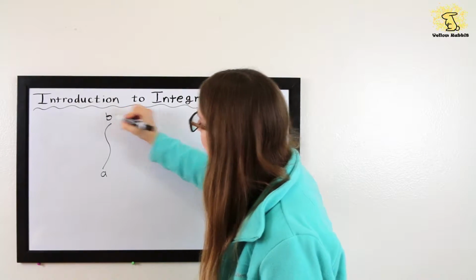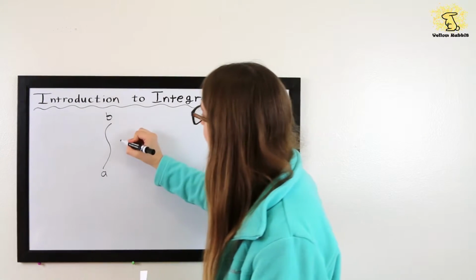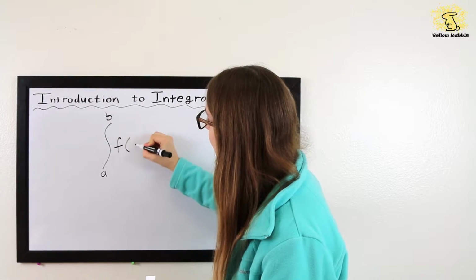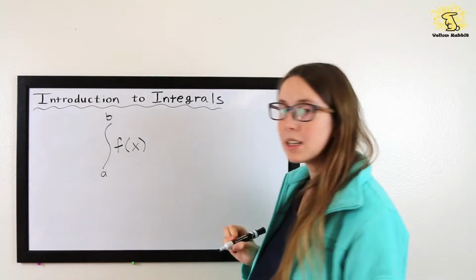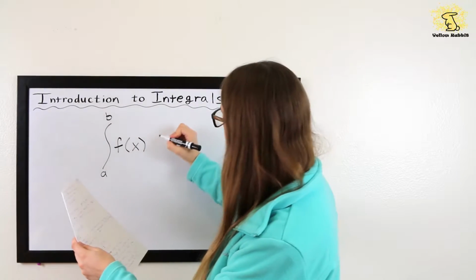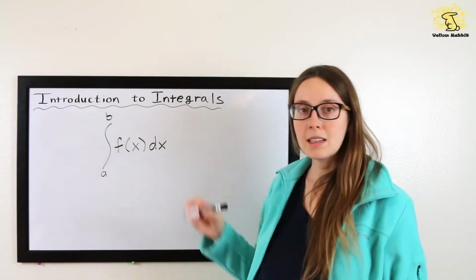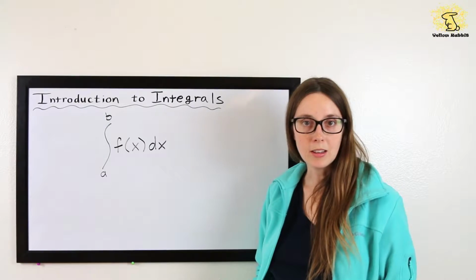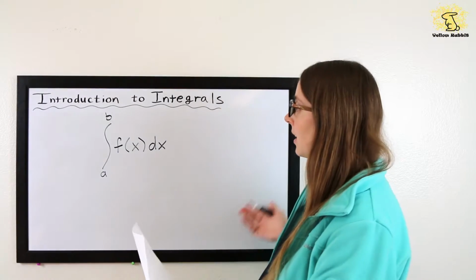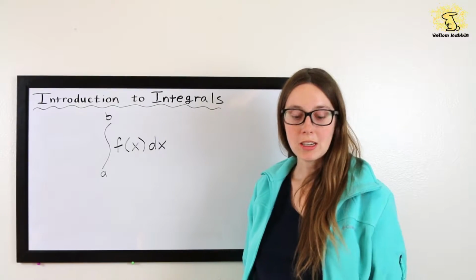And our upper limit of integration, I'll call it b here, of f of x, which is whatever function we want to integrate, dx. Dx here is the width of the divisions of the area we're integrating, and of course this value should be approaching 0.